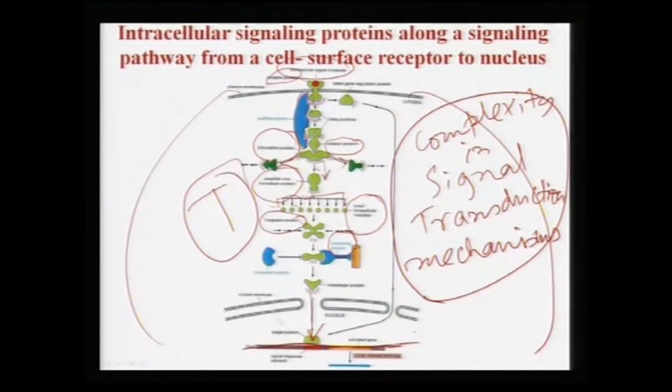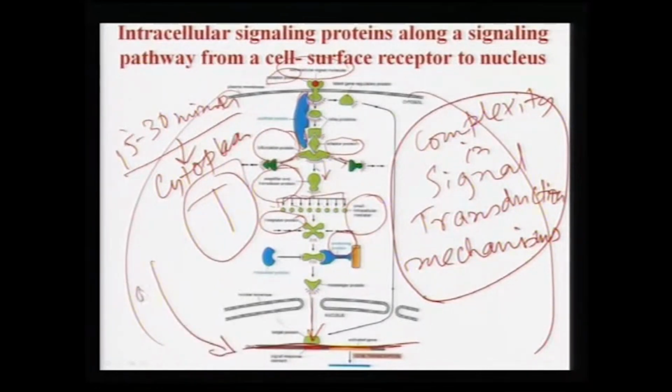So, this type of thing can take place in a few minutes, like 15 to 30 minutes, if this has to change in the cytoplasm, but if it goes inside, then it takes 1 to 2 hours. You understand what I am saying?